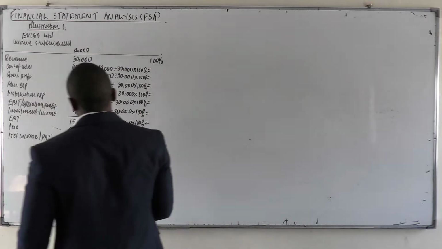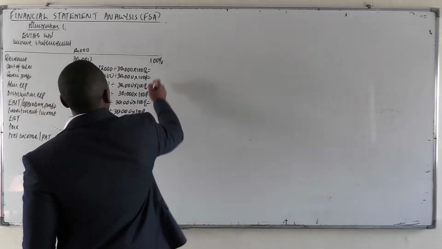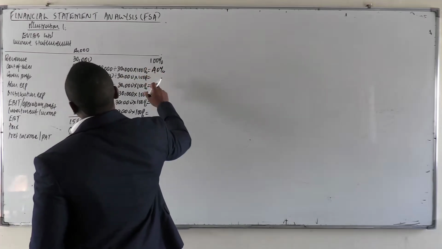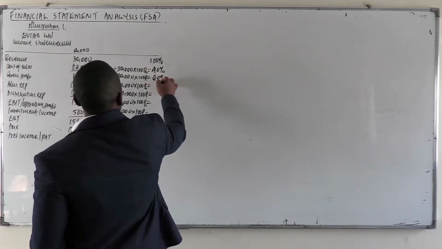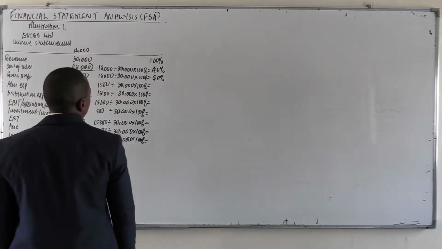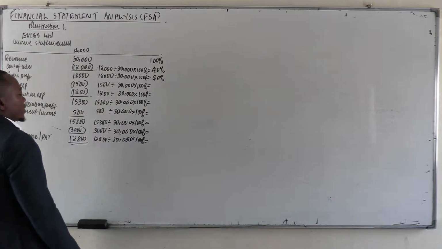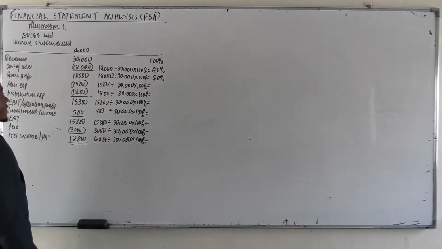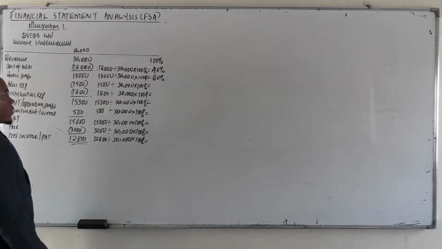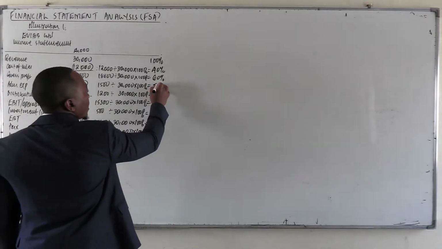The second one is 40%. So if the cost of sale is 40%, automatically the gross profit will be 60%. We have 5%.